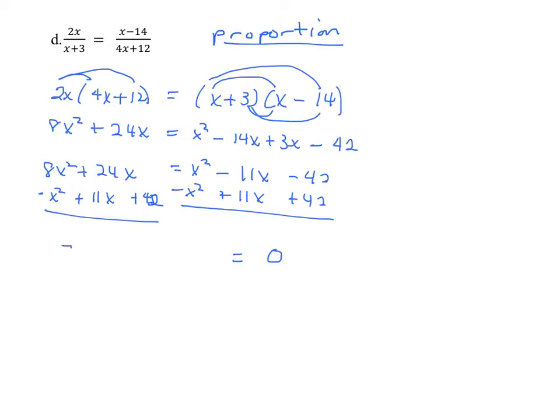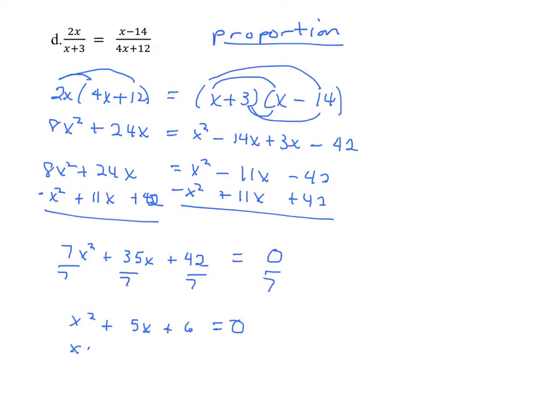So this one becomes 7x squared plus 35x plus 42. Now I see that 7 is common among all three terms, so I'm just going to divide out a 7 on both sides because it's going to make my life so much easier. So we get x squared plus 5x plus 6 is equal to 0.